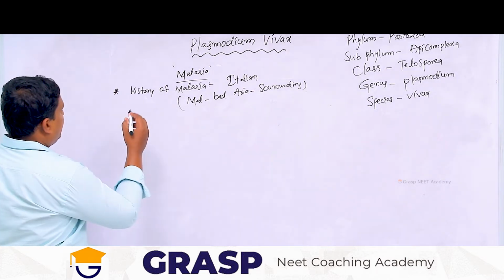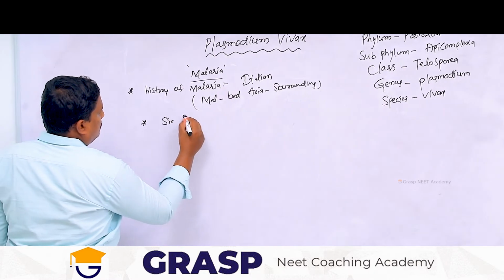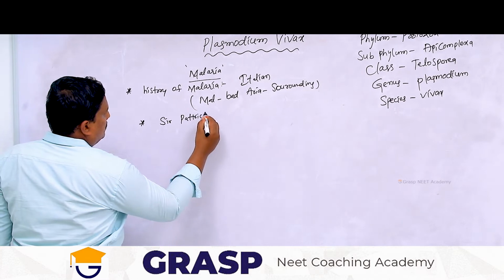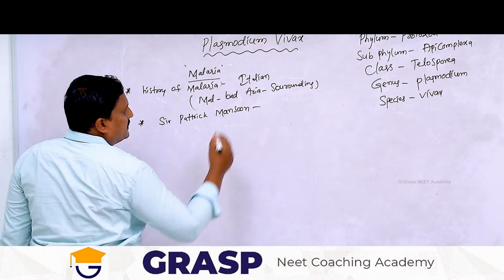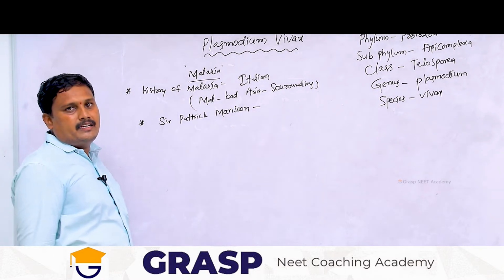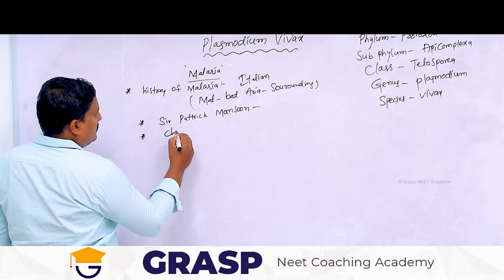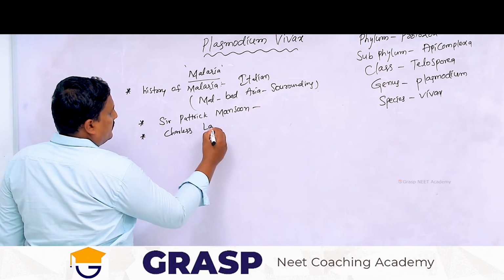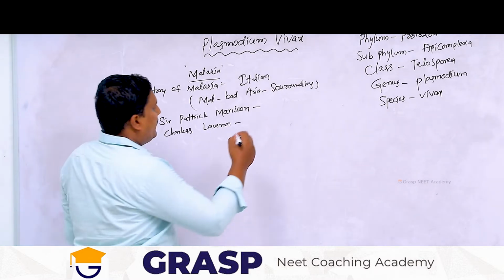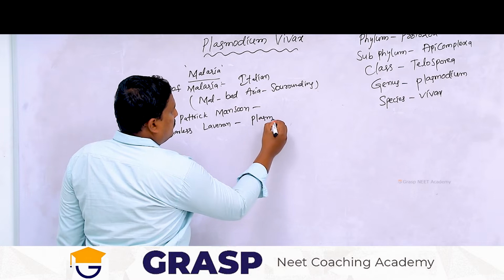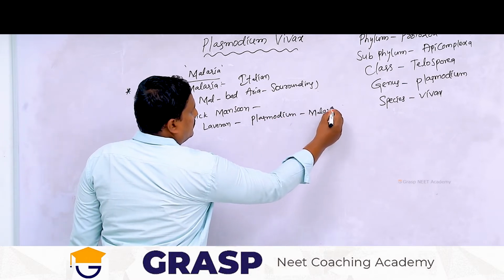Later on, Sir Patrick Manson was the first to suggest that malaria may be caused by mosquitoes. Then Charles Laveran identified the Plasmodium in the blood of a malaria patient.